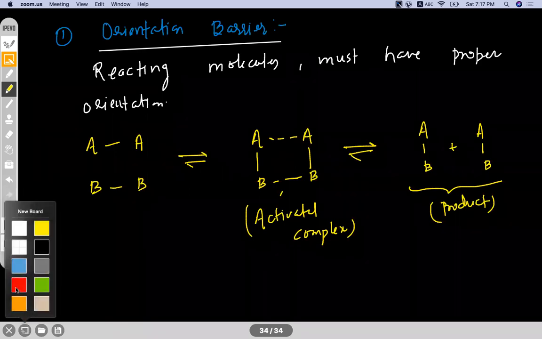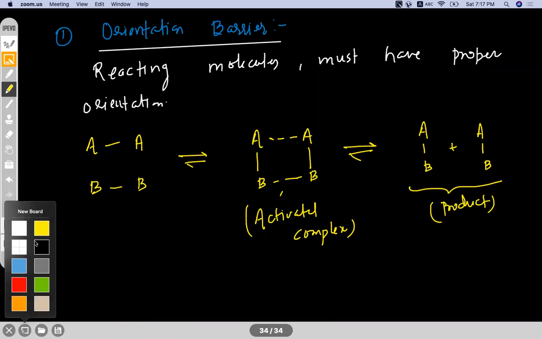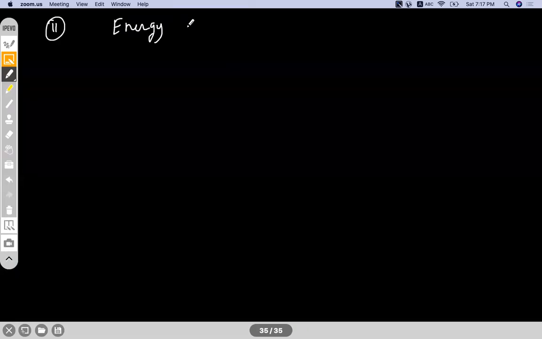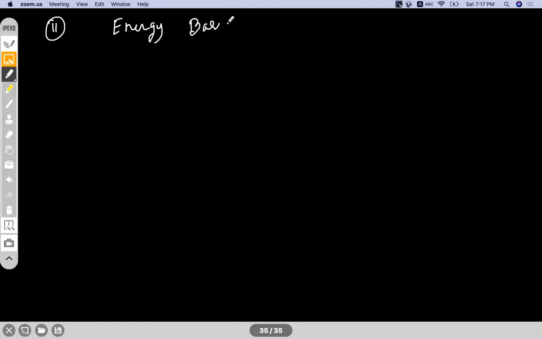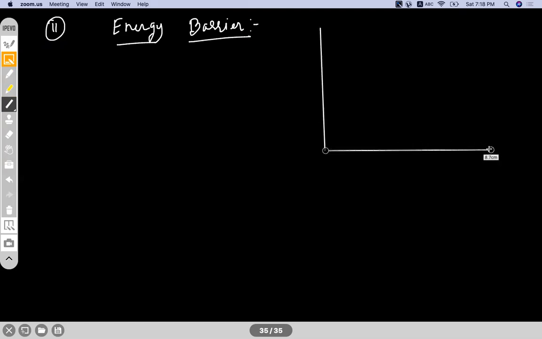Now, the next one we have here, energy barrier. Write down into this. If you look at this graph, a similar kind of graph we have discussed in the Maxwell distribution curve, if you remember.